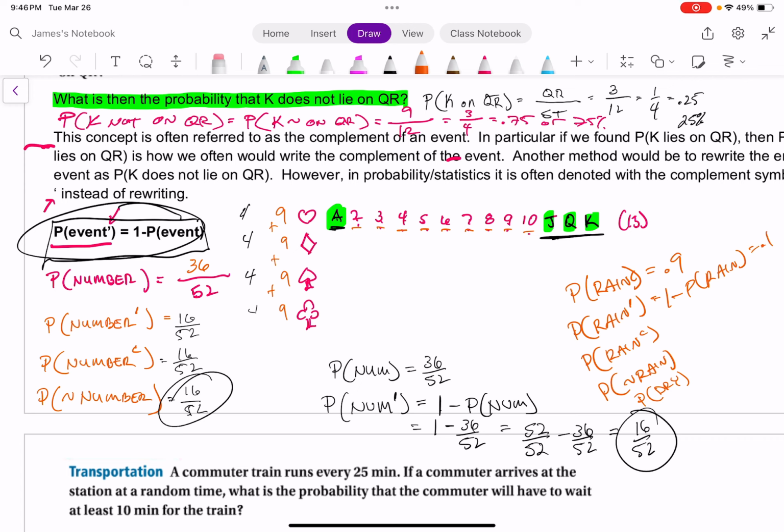So you've probably seen that concept a lot in your regular everyday life. They're called complement events. If I tell you what's the probability of something happening, then 1 minus that is equal to the probability of that thing not happening.